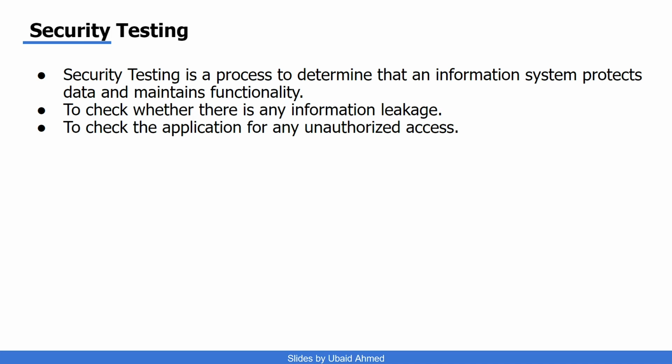And also we find out whether there is any information leakage. For example, if you are storing your email ID, your phone number, or any PII in an application, and somehow that application is leaking that data.